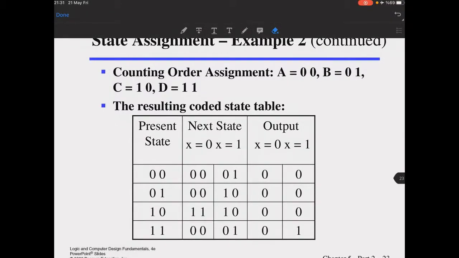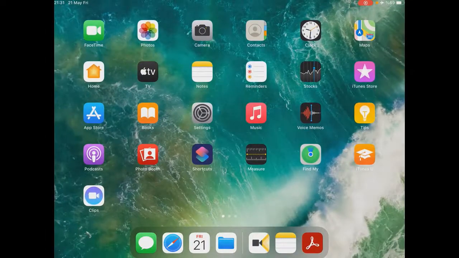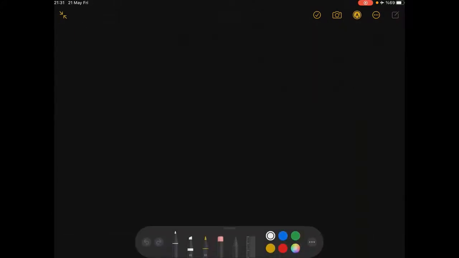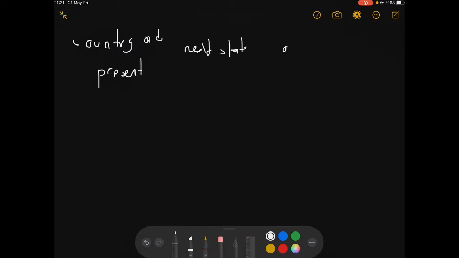Let's try to do this for the counting order assignment to find the flip-flop input, next state equations, and the output equations. This is for counting order. This is our present state, this is our next state, and this is your output.